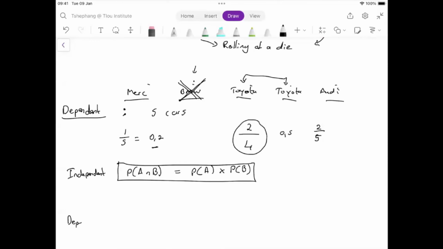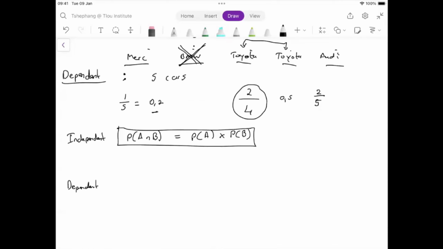Now, dependent. The probability of A and B can be written as what? The probability of A times the probability of B, given that A has occurred.